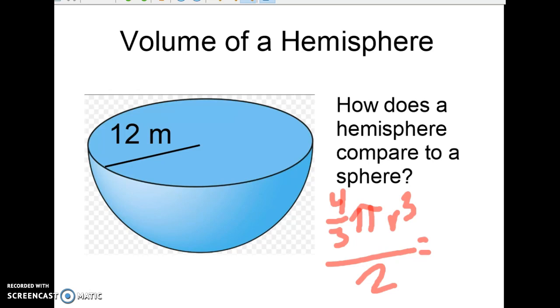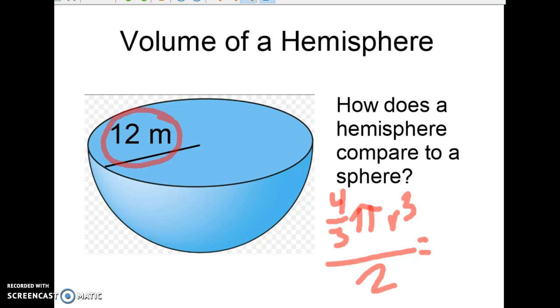So when I typed in 4/3 times pi, my radius in this case is 12, which was given, and then I made sure I took 12 to the 3rd power. From here I got an answer of 7,234.56. But because this is half of a sphere, I need to take that number and divide it by 2, and then I get a final answer.